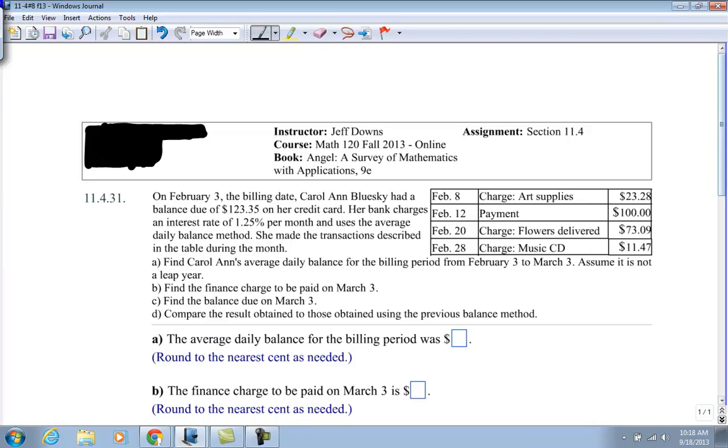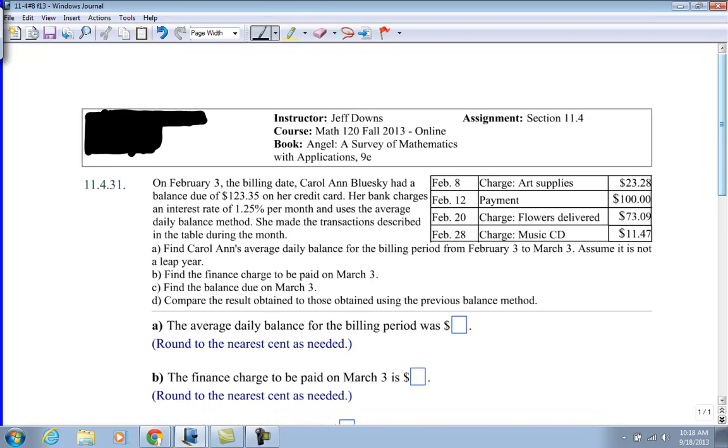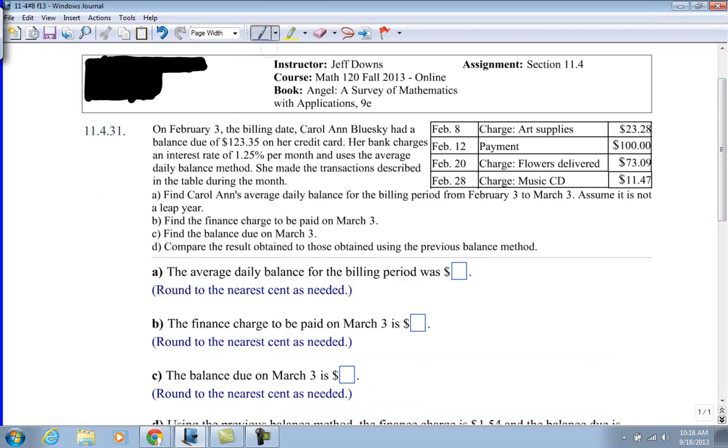Hope this helps. And let's go to the next one. It says on February 3rd, the billing date, Carol Ann Blue Sky had a balance due of $123.35. I know I've done this one this semester already, but her bank charges an interest rate of 1.25% per month and uses the average daily balance method. She made transactions described in the table during the month.